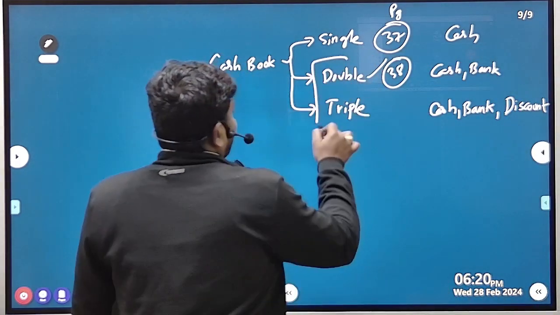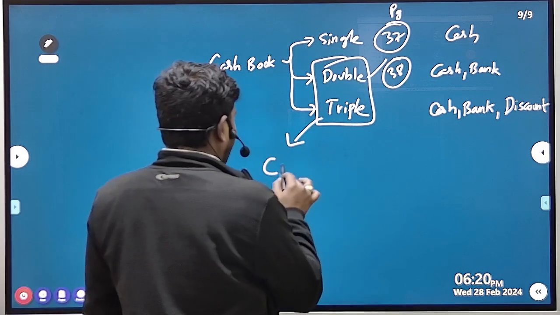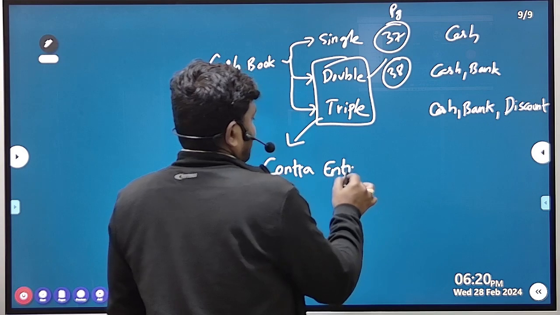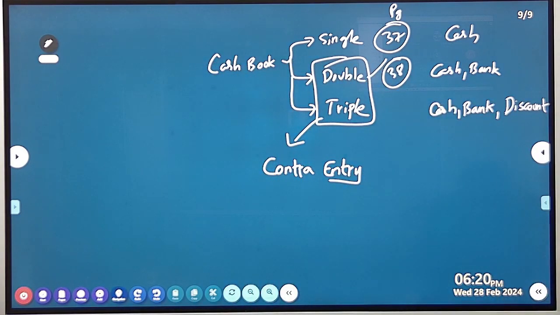Now in case of double and triple column, you will have this concept called contra entry. Discount allowed is on the debit side, discount received is on the credit side. Discount allowed is an expense, so it has a debit balance.